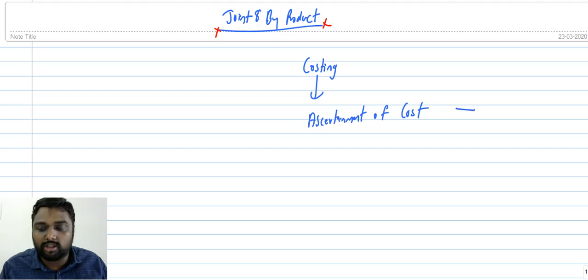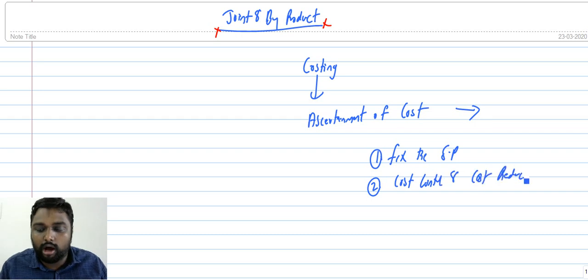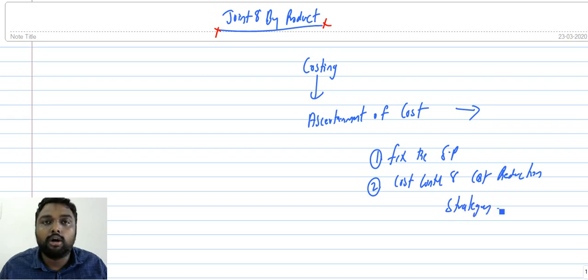Because once you ascertain the cost only, you can fix the selling price, or you can plan for cost control or cost reduction strategies. Obviously, unless you know the current cost, you can't control or reduce the cost.